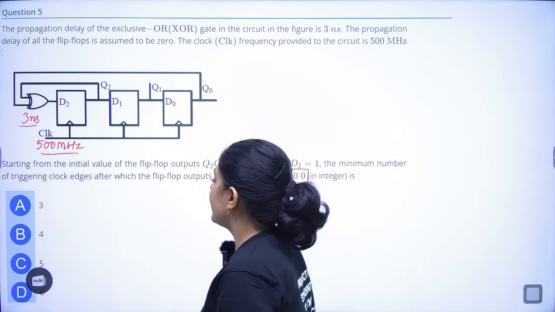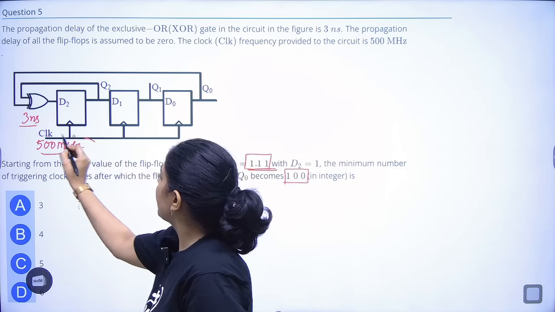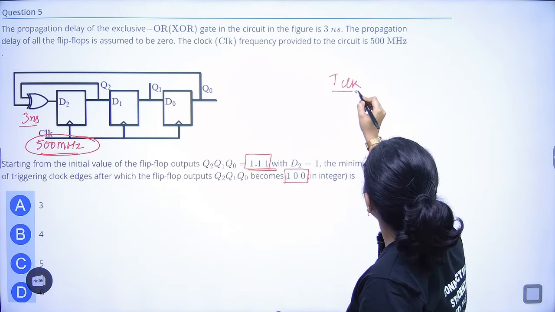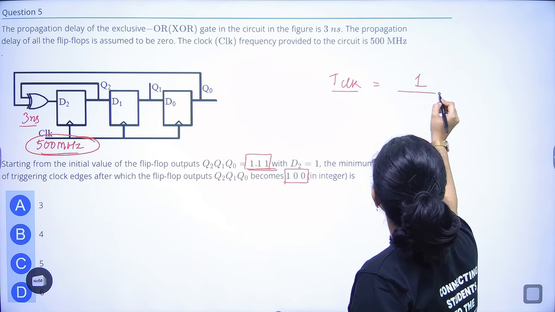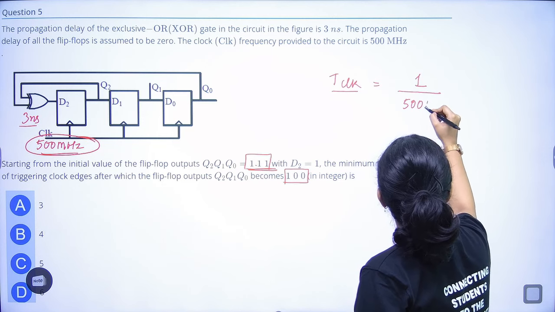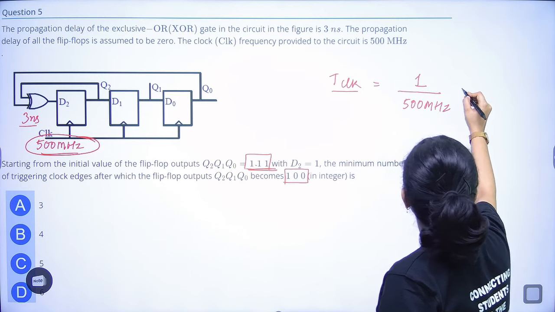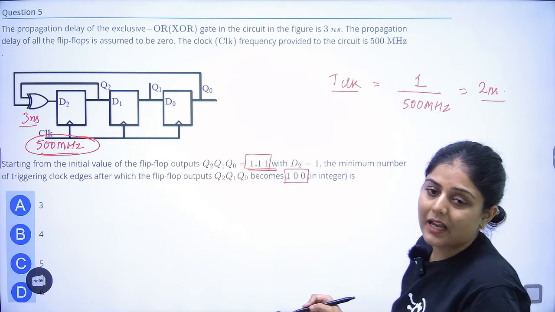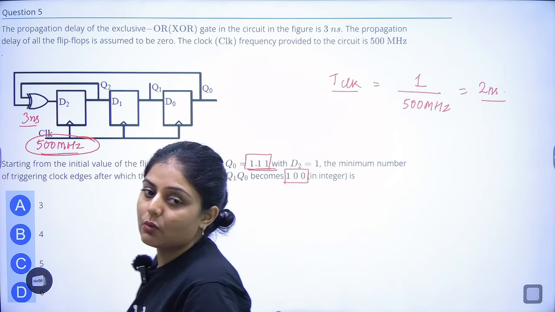Right. So T clock, if we calculate, will be 1 by 500 megahertz. So it will be 2 nanoseconds. So clock time will be equal to 2 nanosecond.